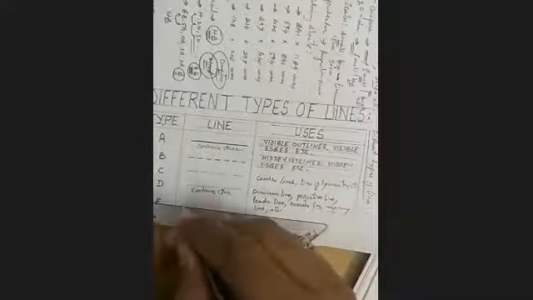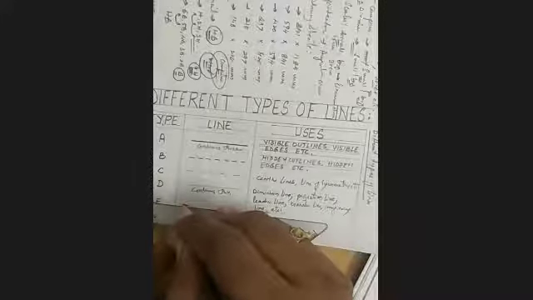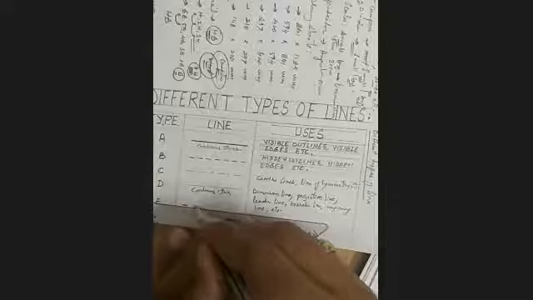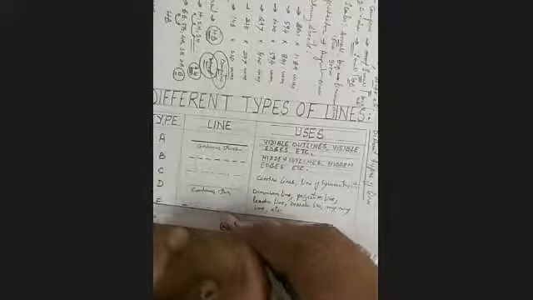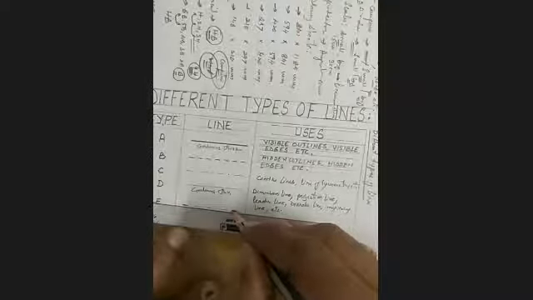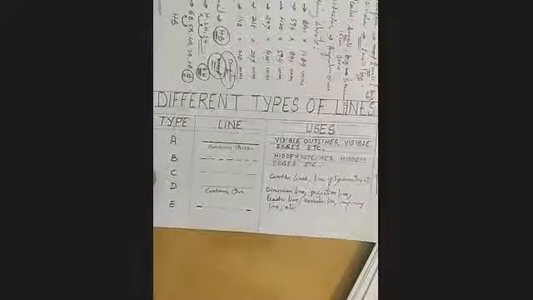See, carefully observe, especially the drawing applications. You see this: this is dark, dot, light, dot, light, dot, light, dot, dark. What did you understand?